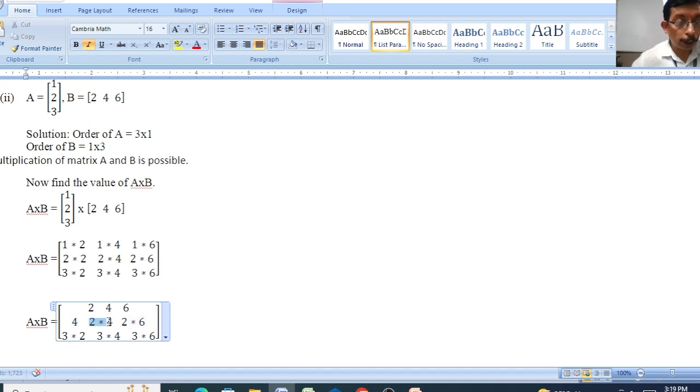Write down in the same position. 2 by 6, 12. Write down in the same position. 3 by 2, 6. Write down in the same position. 3 by 4, 12. Write down in the same position. 3 by 6, 18. Write down in the same position.